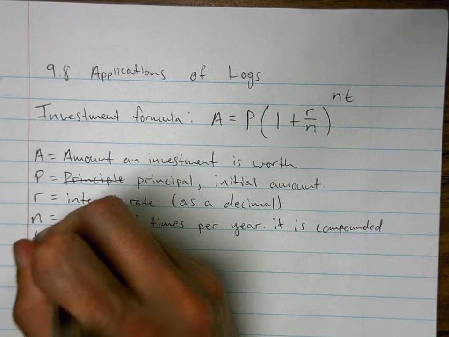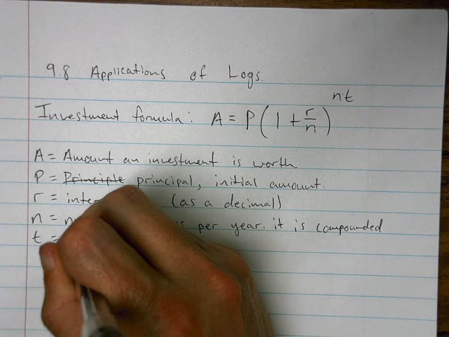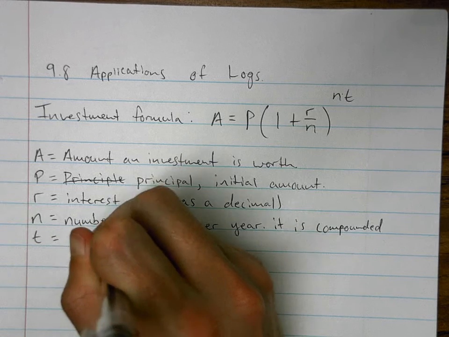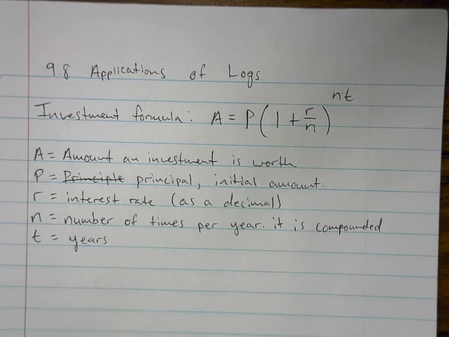And T finally stands for the years that have gone by. T stands for time, but we measure time in years.